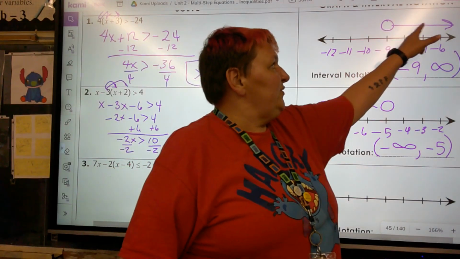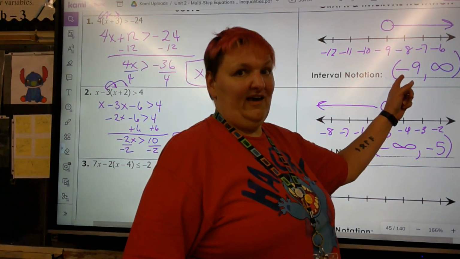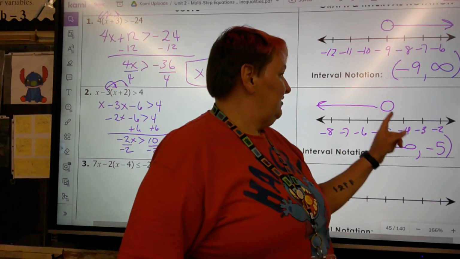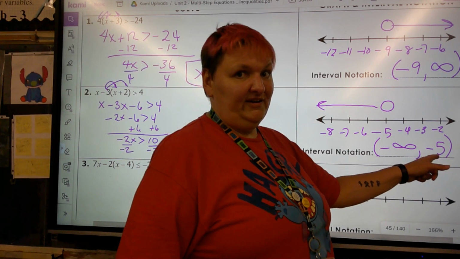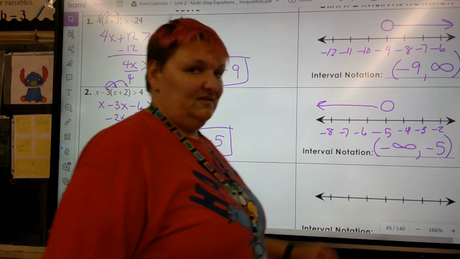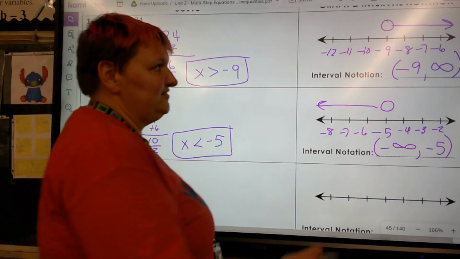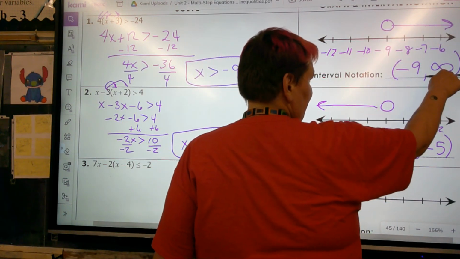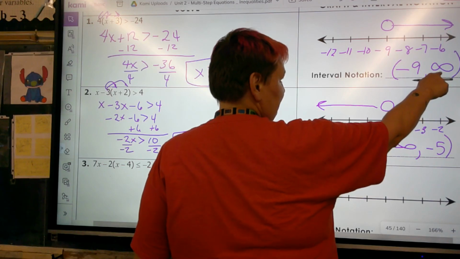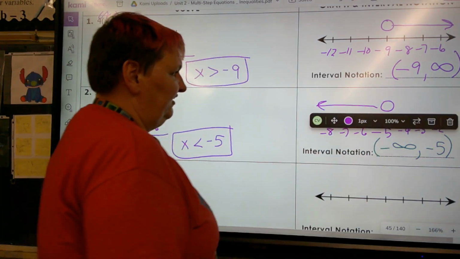Because we went right, your value goes on the left. Because we went left, your value goes on the right. It makes sense because a right arrow is telling me that it goes all the way to infinity, and a left arrow is telling me it goes all the way to negative infinity.